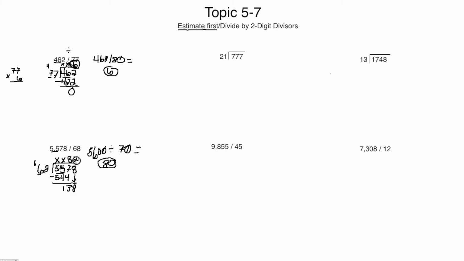Let's try that. Two times 8 is 16. Carry the 1. 12, 13. Subtract. And I get a remainder of 2. Is 82 remainder of 2 close to my estimate? Yes. Did you get those two answers? Great job.